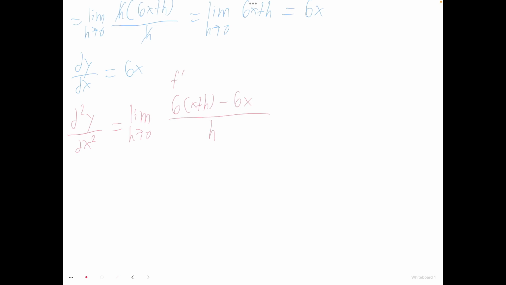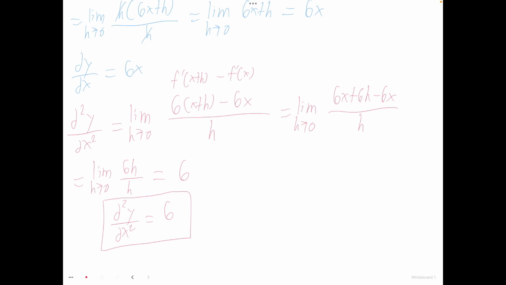So this is f prime of x plus h minus f prime of x. We have the limit of 6x plus 6h minus 6x divided by h, which is the limit of 6h over h, which is 6. And so the second derivative of our function is 6.